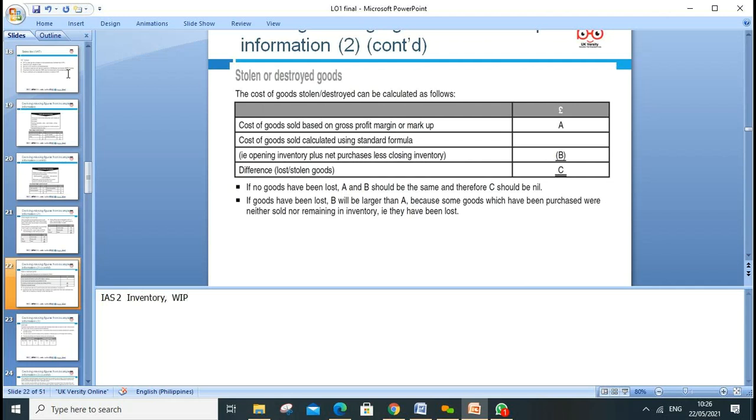Inventory has three types: work in progress, raw material, and finished goods. Inventory should be recognized in the books of accounts either at cost or net realizable value, NRV.